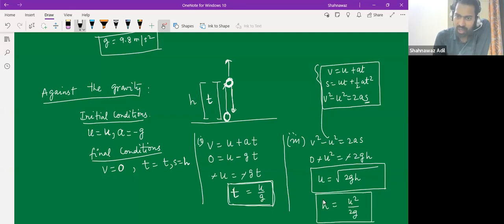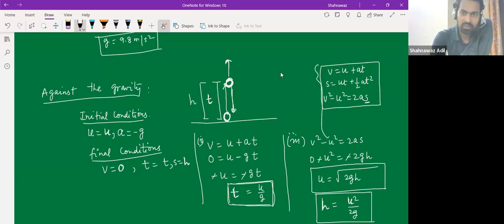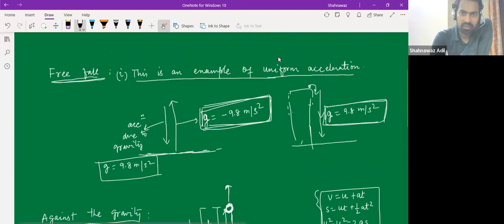So this is the height that it will attain whenever we throw it with some initial speed u. Is this clear to you guys? Yes, sir.